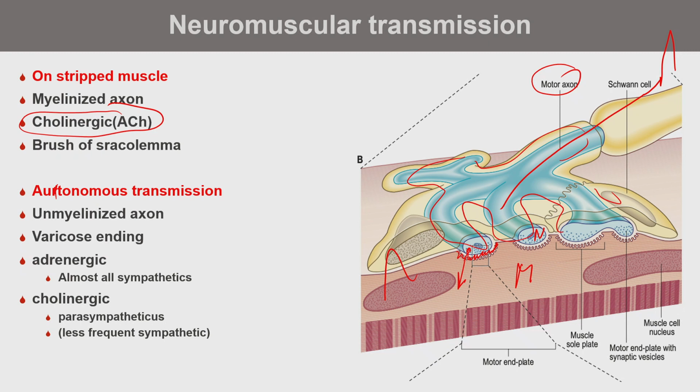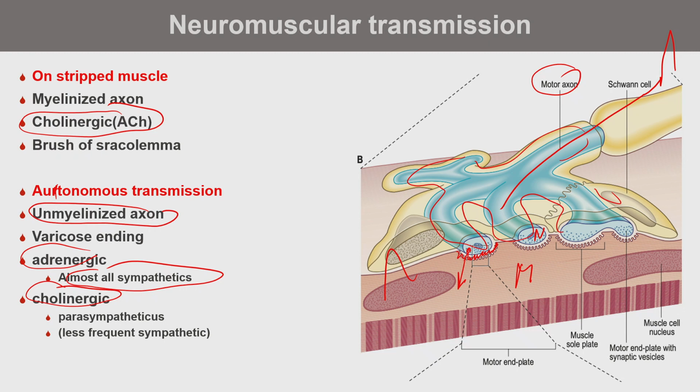The acetylcholine then activates the membrane of the muscular cell, and then the electric potential is created there. In the autonomic system it is different because we have adrenergic and cholinergic transmission. Almost all sympathetic fibers are adrenergic, so noradrenaline, and cholinergic is in the parasympathetic. So the mediators are a little bit different, but what is important is that the axon is unmyelinated and the endings are varicose.